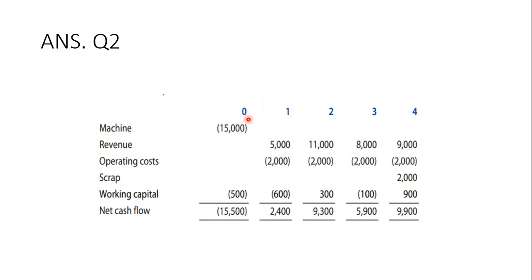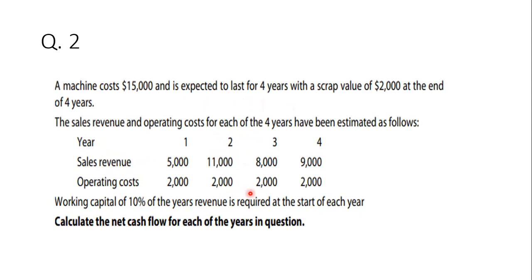And then let's look at working capital. Working capital also comes in year 0, which is 500. We're told that working capital is what? 10% of the year's revenue. So if you needed to make a revenue of 5,000, your working capital for that year or before that year should be 10%.